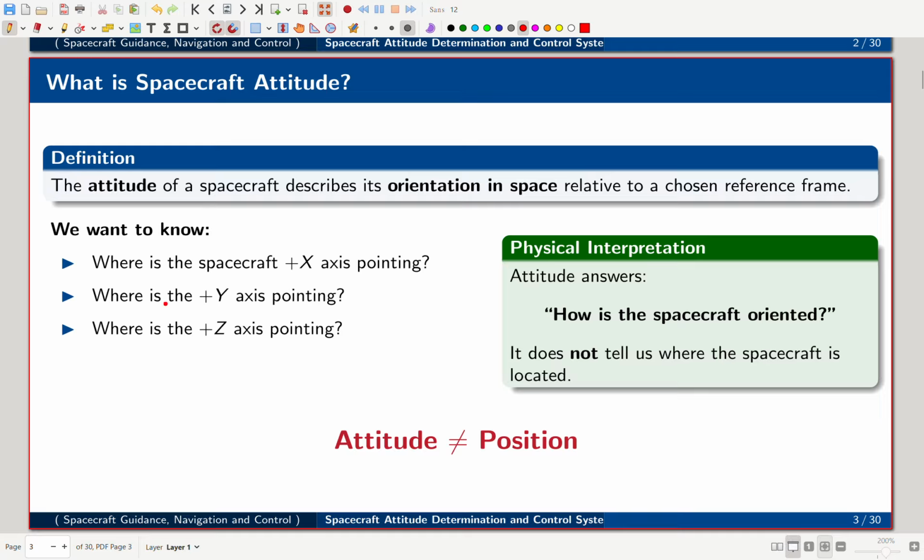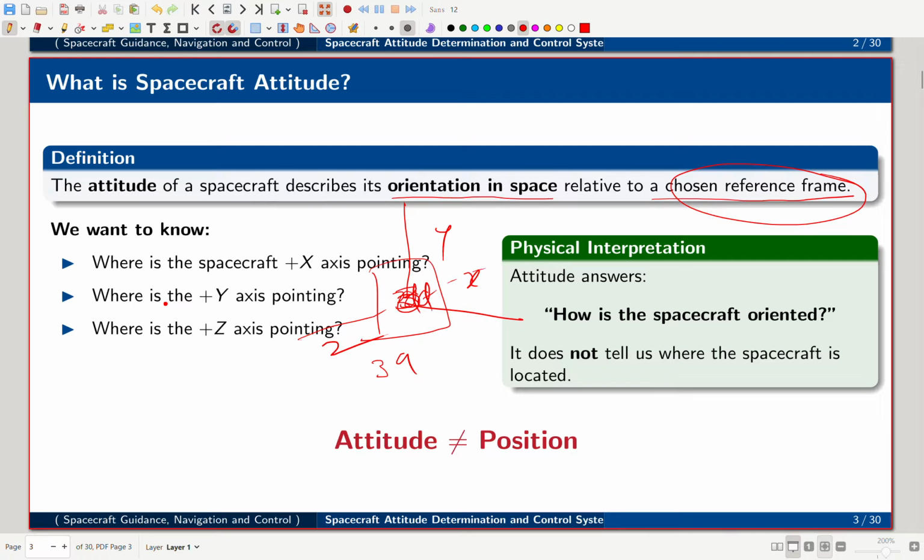So what is a spacecraft attitude? Attitude is nothing but the orientation of the spacecraft in space, related to the chosen reference frame. This is important. Let us say this is a rigid body in 3D space, and we are presenting the x, y and z axes.